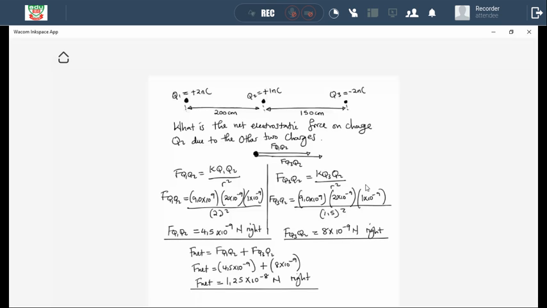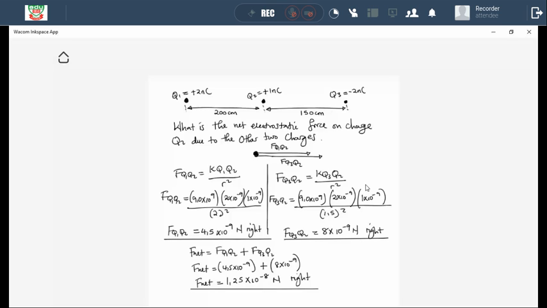So since they are unlike, it means the attractive force of Q3 overall must have a greater influence. Right? Even if Q1 was negative, still my F net is most likely to be right because Q3 is much closer because of the shorter distance. Remember, the shorter the distance, the stronger the electrostatic force.